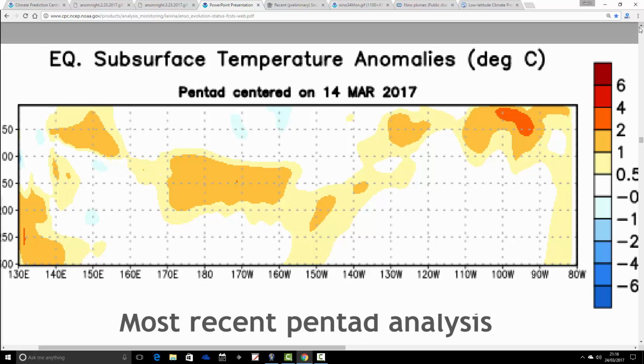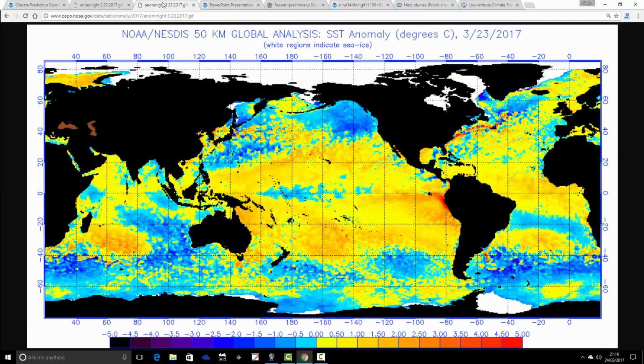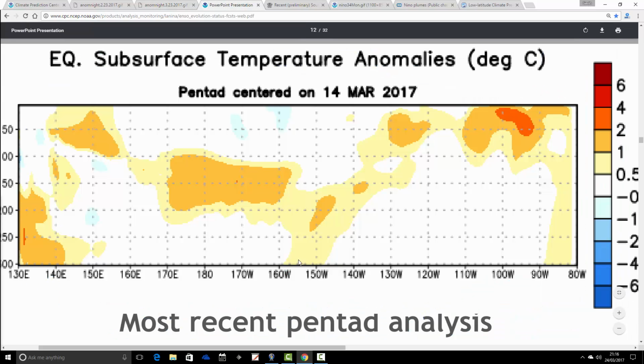What I'm focusing on here within this PDF PowerPoint presentation is the subsurface temperature anomaly. So this is at depth in the equatorial Pacific Ocean. Again, what we look at there is sort of the surface temperature anomalies, but this is going deeper down into the equatorial Pacific Ocean.